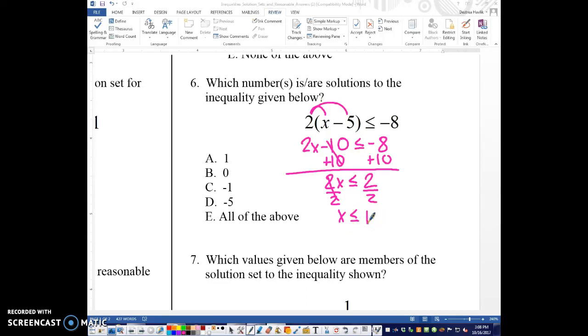Okay, so let's test out some answers. 1 is less than or equal to 1. Did that work? Yes. 0 is less than or equal to 1. Yes. Negative 1 is less than or equal to 1. Yes. And negative 5 is less than or equal to 1. Yes. So the answer will be E, all of the above.